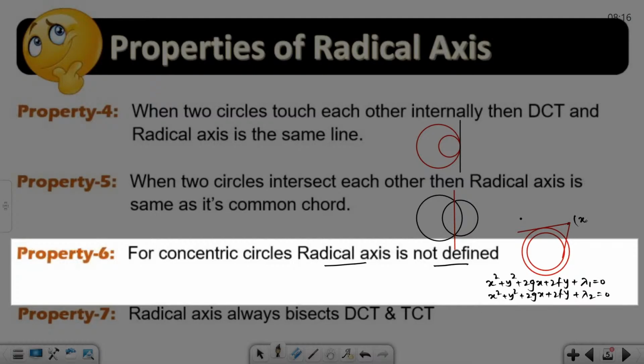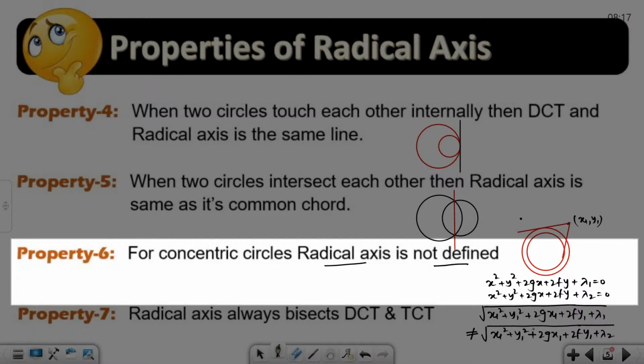From the point, let us say x1, y1, it will be root over of, and the length of the tangent for the second circle will be, these two lengths will never be equal.